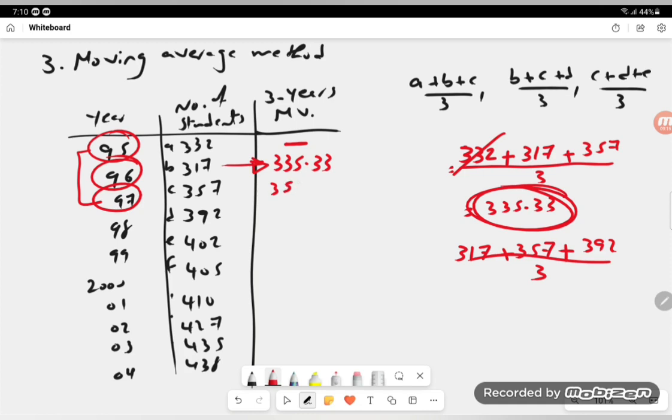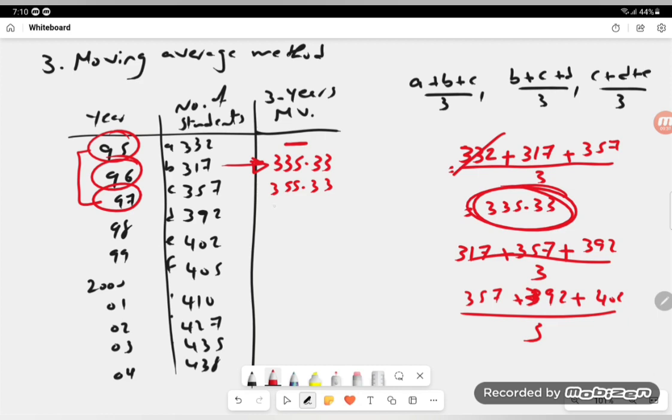It's 355.33. And you are going to do the same for the rest of the years. It will be 357 plus 392 plus 402 over 3, and so on.